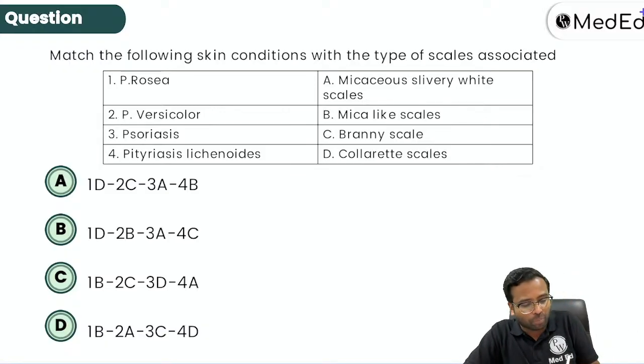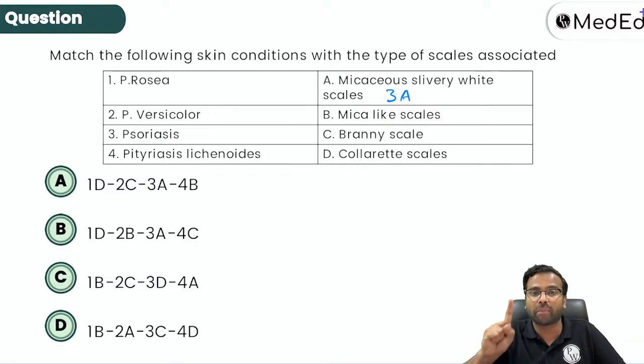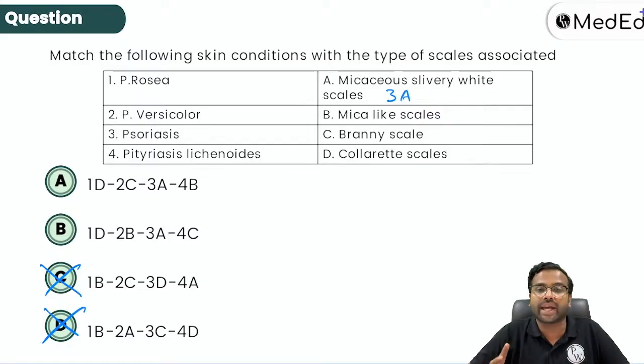So let me try to match 3 with A. When I look into the options now, just by matching one of them, it is easily possible for me to rule out at least two options, right? So 3A doesn't match with this, doesn't match with this. Now we are left with option A and B. Let's see another one.